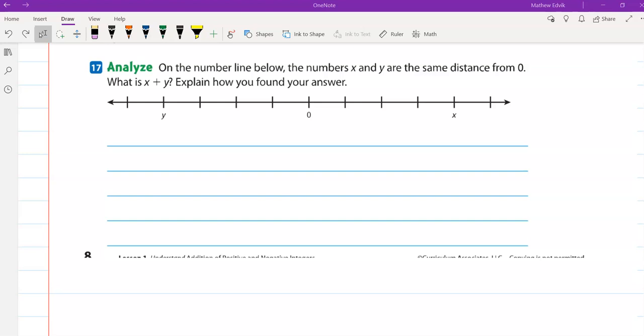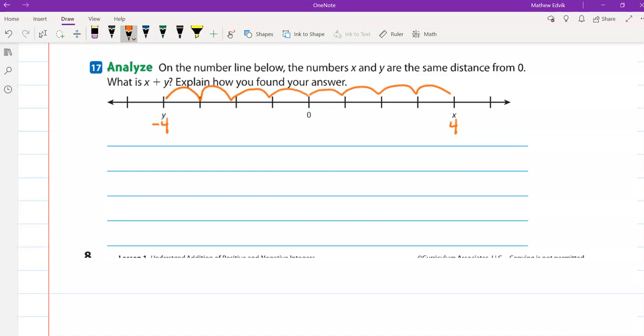And so one of the ways that we could look at this problem is if we said this is 1, 2, 3, so that would be -4 because it's going this direction. And this would be 1, 2, 3, +4 going this direction.